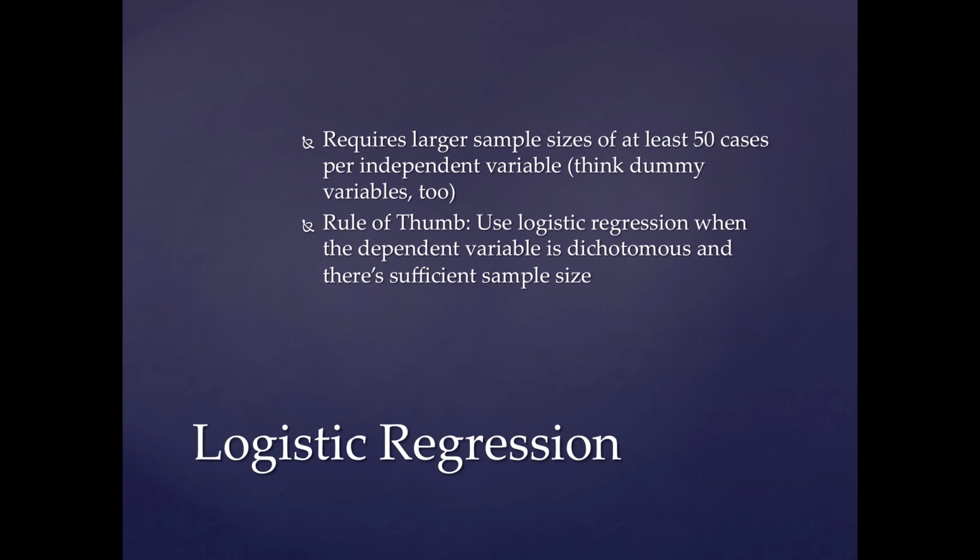Whatever your comparison group is, let's just call it northeast, you would have the southeast to northeast, the southwest to northeast, and the northwest to northeast. So you'd have 3 comparisons, so you would have 3 variables. You'd have to have at least 150 cases to make that work. So guys, the rule of thumb: use logistic regression when the dependent variable is dichotomous and there's sufficient sample size.